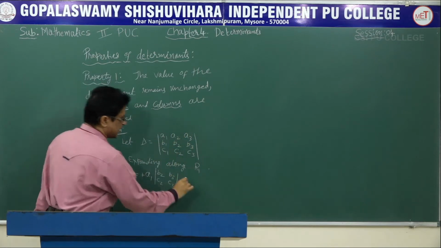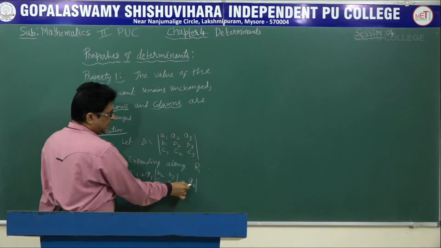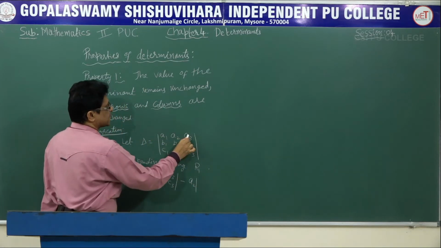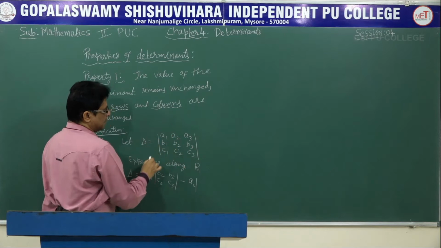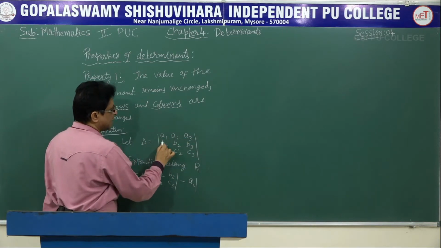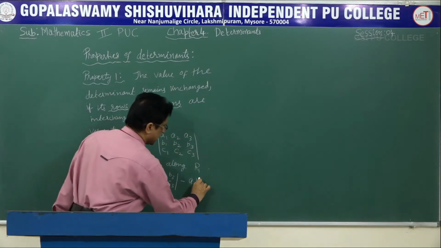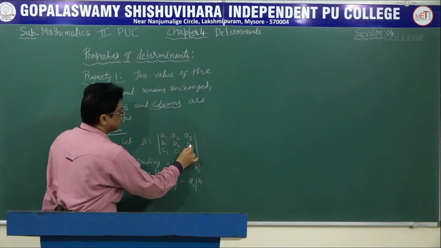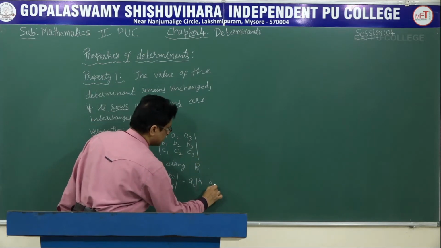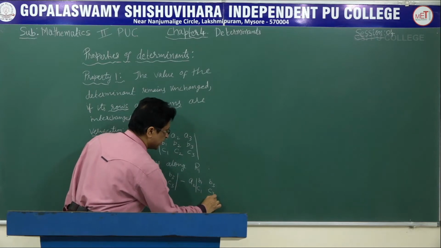Next element is A2 into determinant of. A2 lies in the first row, second column. So, we eliminate the first row and second column and take the determinant of the remaining elements, that is B1, B3, C1, C3.